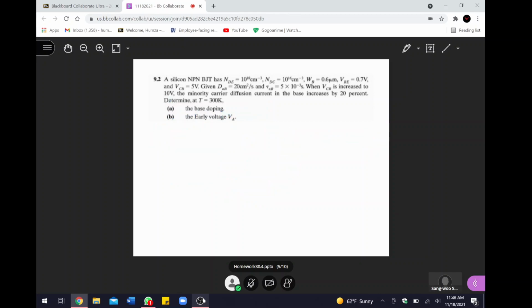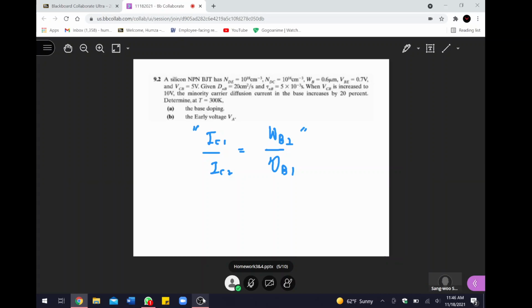To calculate this, first we compare the initial current with the new current, which follows the effective base width. Let's say if we put the base width this way, it will have this relationship like in the previous question.